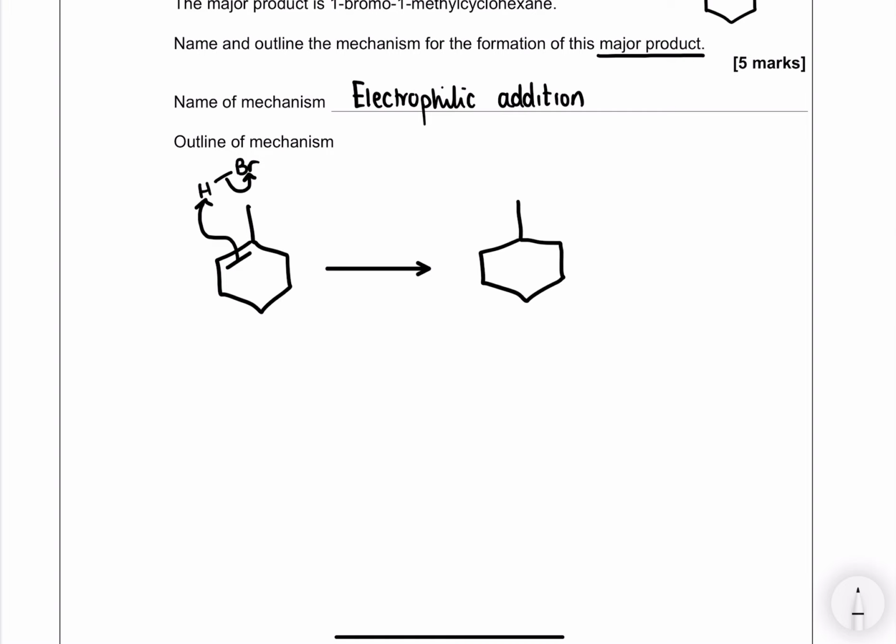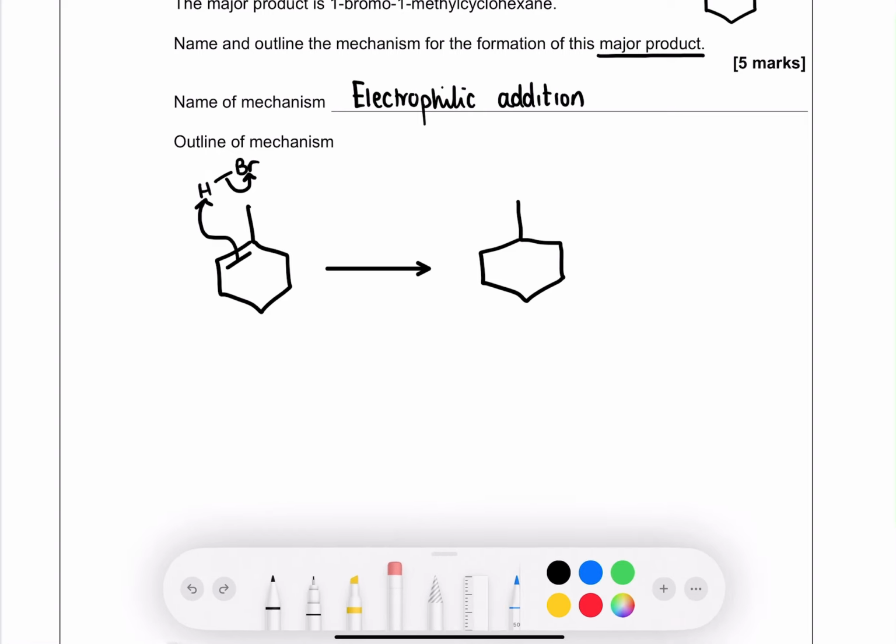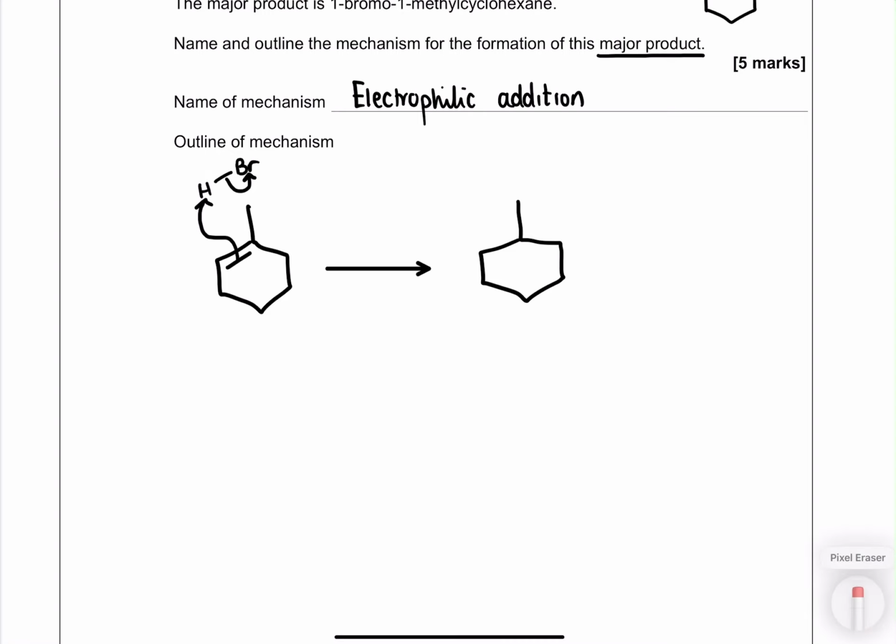So we've got a choice. We can either put the plus here or here. We want to put it in the place that gives us the most stable intermediate. And so the place that gives us the most stable intermediate is the tertiary carbocation intermediate.